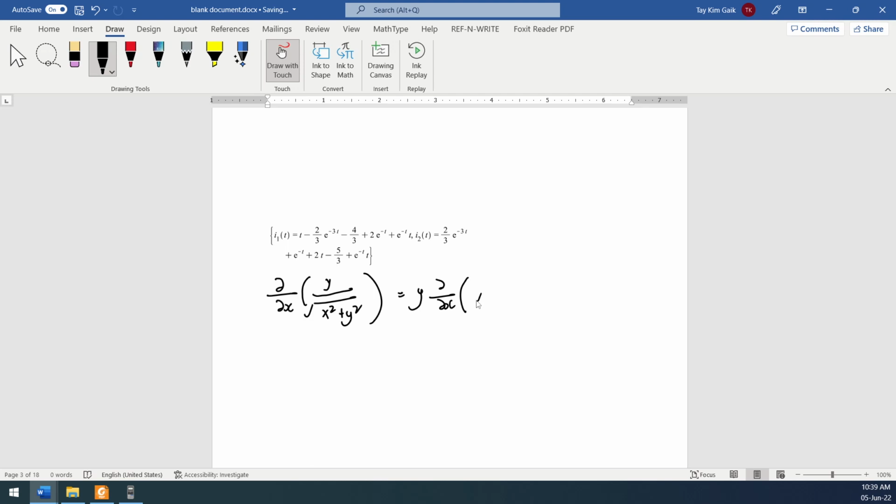Square root becomes x squared plus y squared to the power negative half. Okay, you have y.